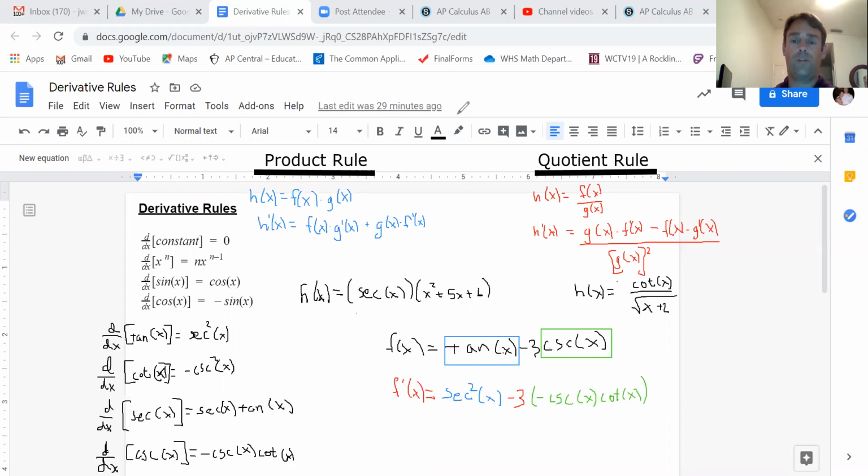And then from there, just clean up. So we have secant squared x plus negative times a negative, so plus 3 cosecant x cotangent x.